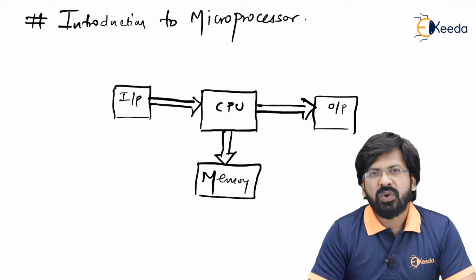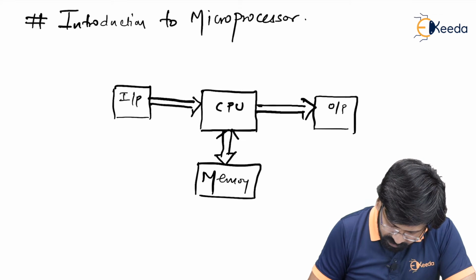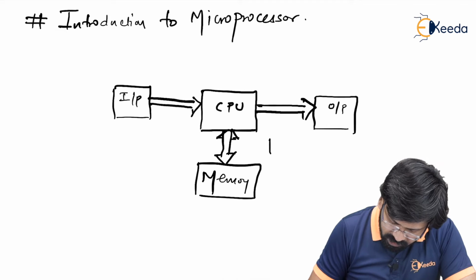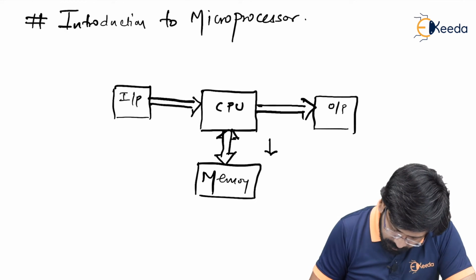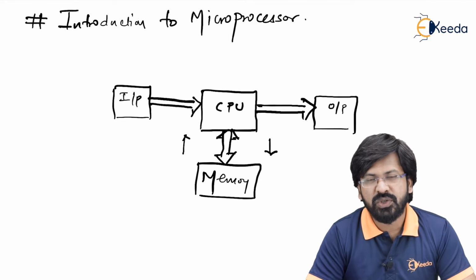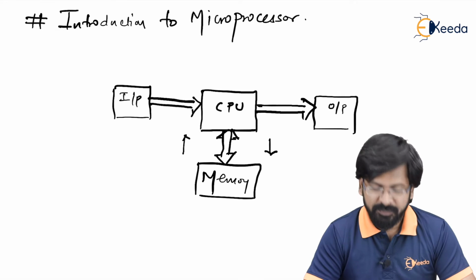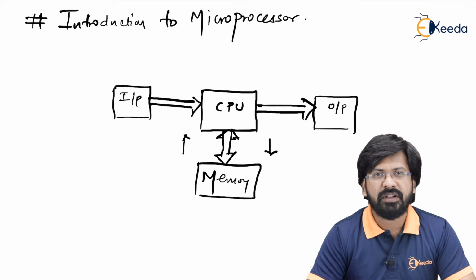It does not only store, but also it is going to retrieve the information whenever necessary. Definitely this arrow has to be bidirectional. The downward direction will show you that CPU is storing the information and the upward arrow indicates that CPU is retrieving the information that it has stored into the memory earlier. Am I right? So this whole system is what we call as a basic computer system.